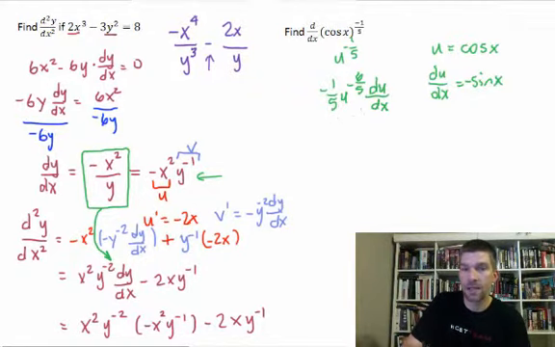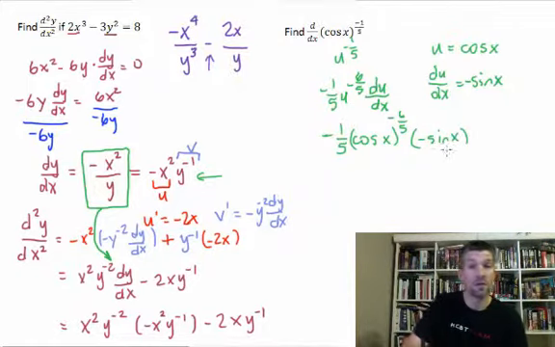And so when I simplify this guy out, I'm just going to have negative 1/5 times u to the negative 6/5 power, and then times the du dx part, which is negative sine x. So how does all this work out?